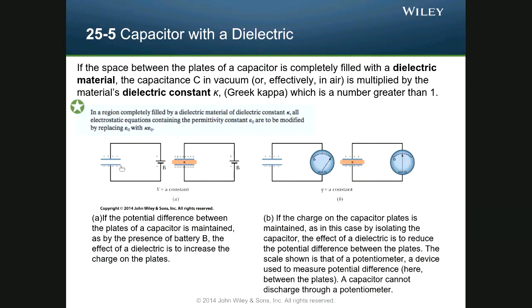But you can slap in something that increases the capacitance, and it's defined by this constant kappa. It's like a dielectric constant. In an isolated capacitor, the effect of the dielectric is to reduce the potential difference, but if you have the same charge, that would increase the capacitance.